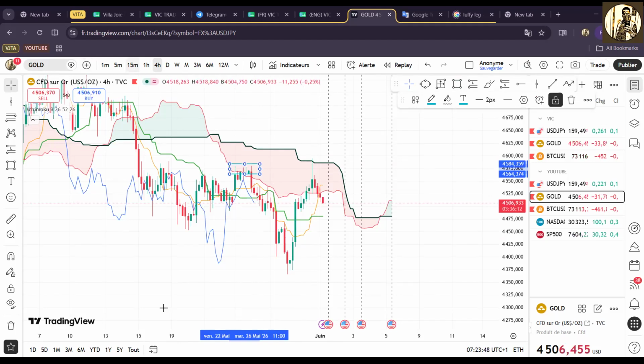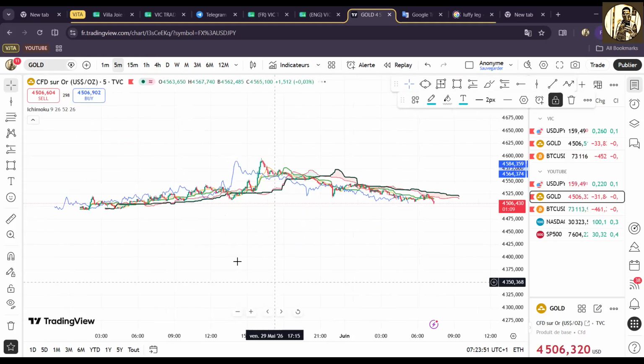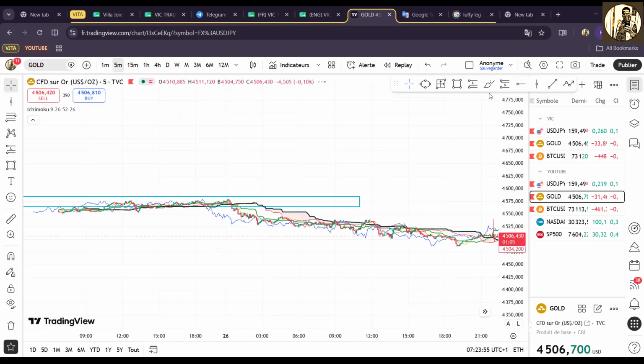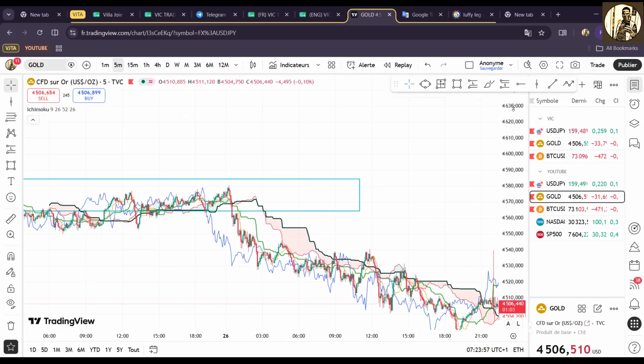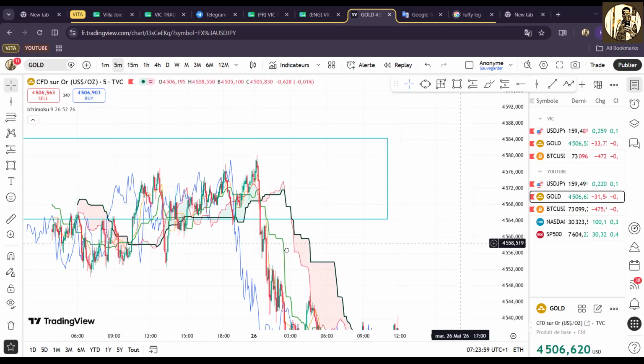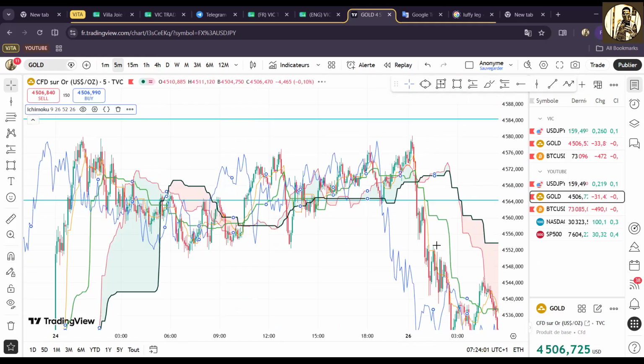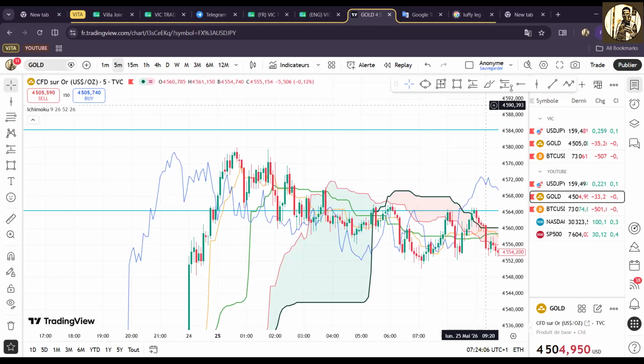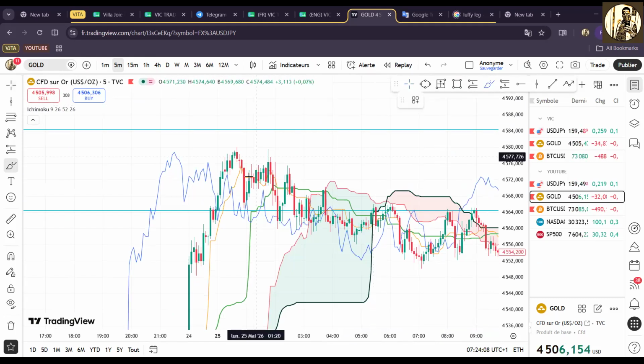If you go on 5 minutes, what you need to do is that rather than selling on Tenkan, right? Okay, let's start here. This zone, yes, you can start selling Tenkan inverted to the downside.